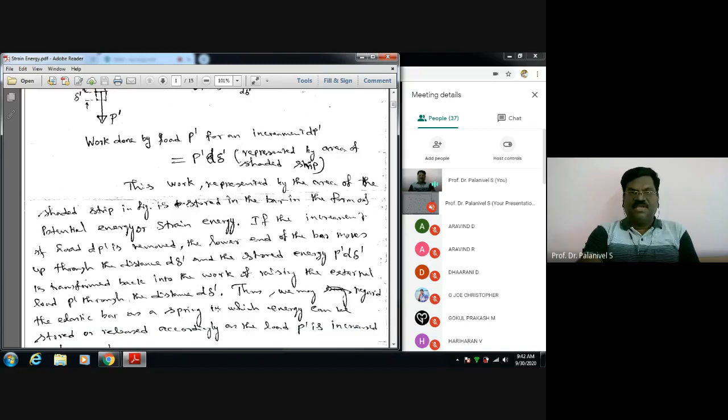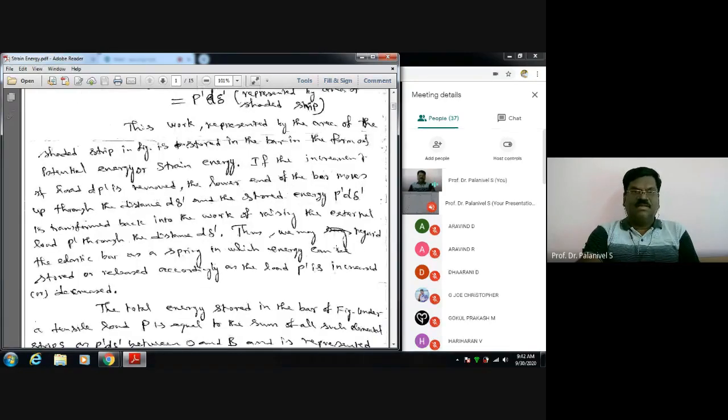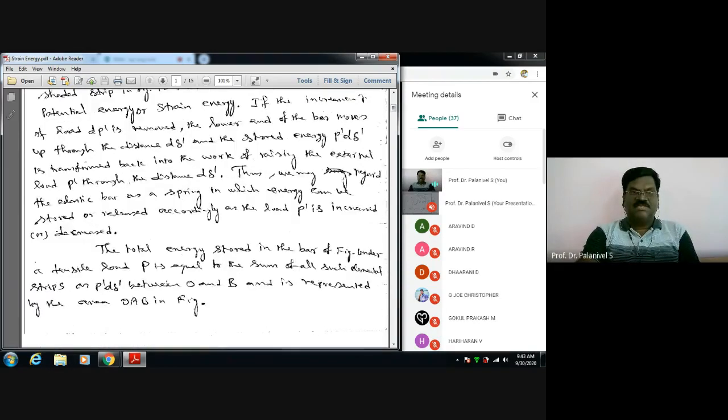Thus, we may regard the elastic bar as a spring in which energy can be stored or released accordingly as the load P dash is increased or decreased. Now the elastic bar acts as a spring in which energy can be stored or released.